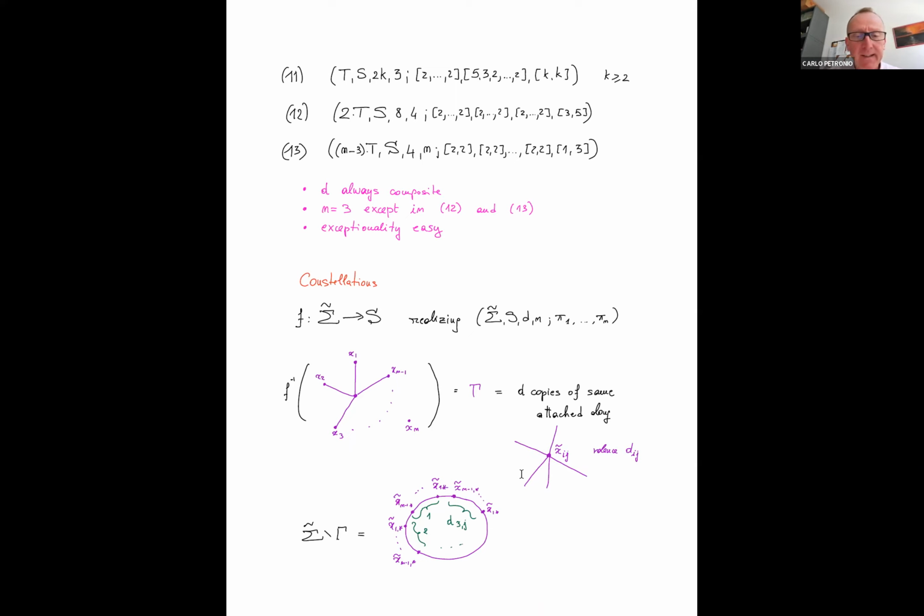And the complement of the star is a disk with vertices x1, x2, x3 up to xn-1 on the boundary and xn at the center.